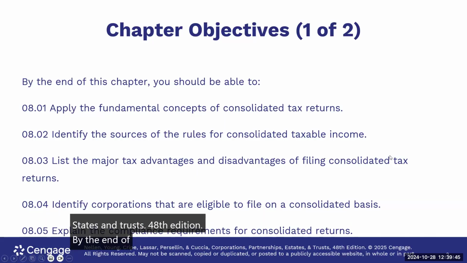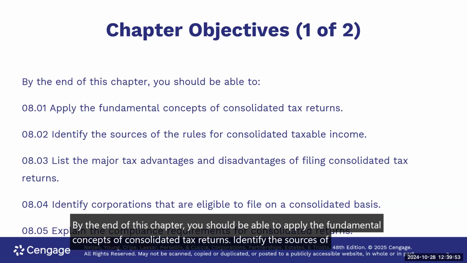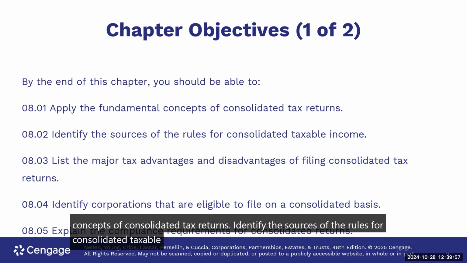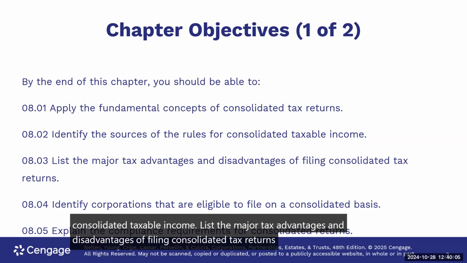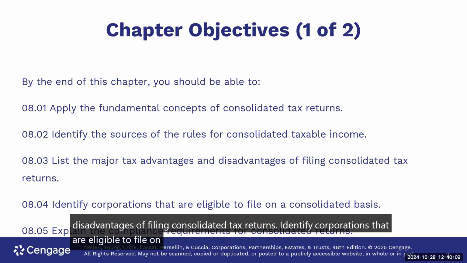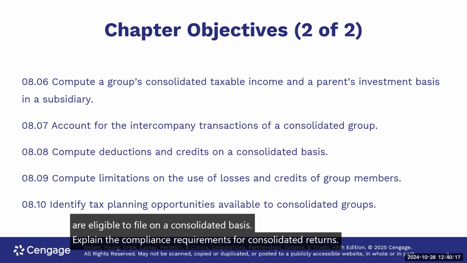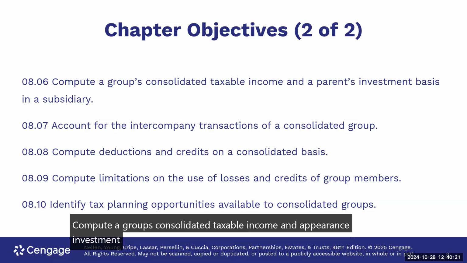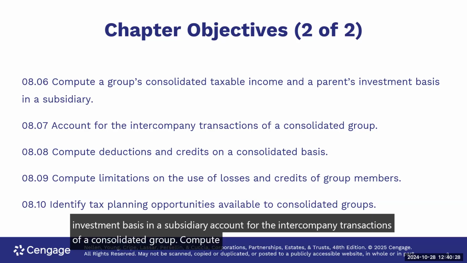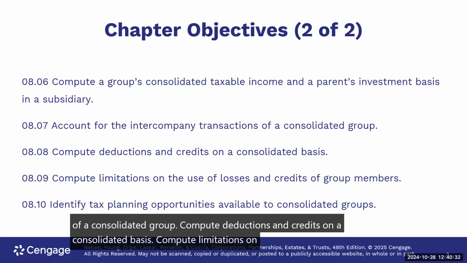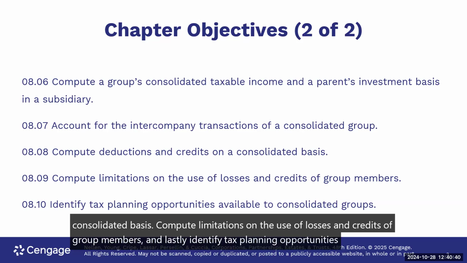By the end of this chapter, you should be able to apply the fundamental concepts of consolidated tax returns, identify the sources of the rules for consolidated taxable income, list the major tax advantages and disadvantages of filing consolidated tax returns, identify corporations that are eligible to file on a consolidated basis, explain the compliance requirements for consolidated returns, compute a group's consolidated taxable income and investment basis in a subsidiary, account for the intercompany transactions of a consolidated group, compute deductions and credits on a consolidated basis, compute limitations on the use of losses and credits of group members, and lastly, identify tax planning opportunities available to consolidated groups.